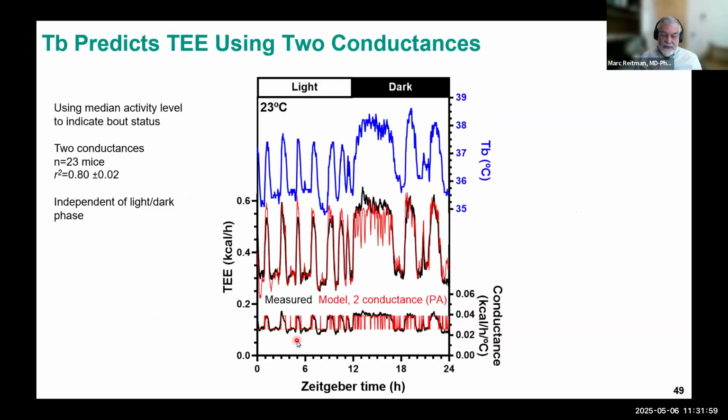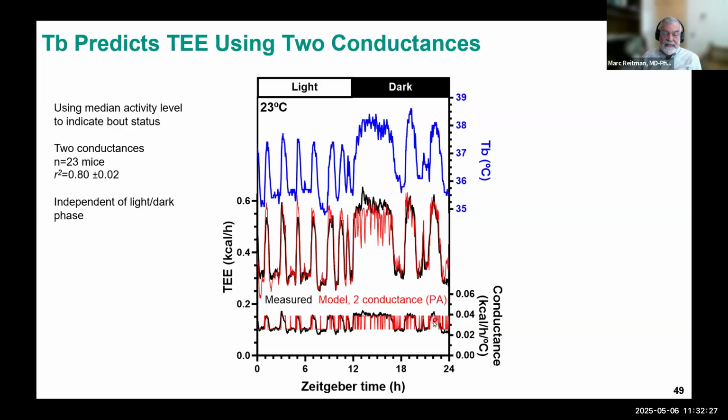And since one picture is worth 1,000 words, here's one example of the model. Here's an example of that same mouse, actually, just to keep your eyes. This is the measured body temperature. This is the measured energy expenditure in black, and the model-derived energy expenditure in red, and the measured heat conductance in black, and the physical activity generated heat conductance in red.